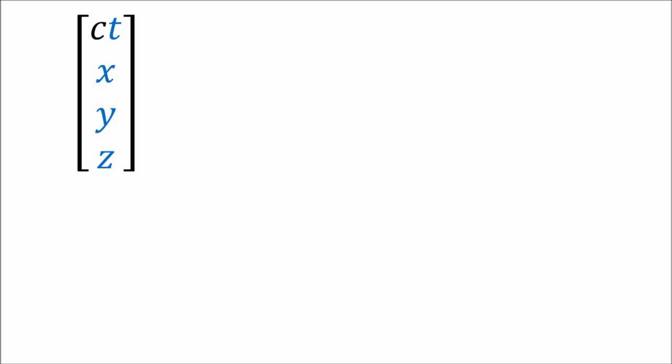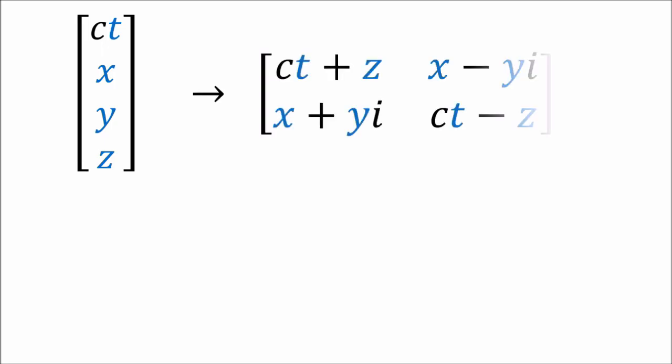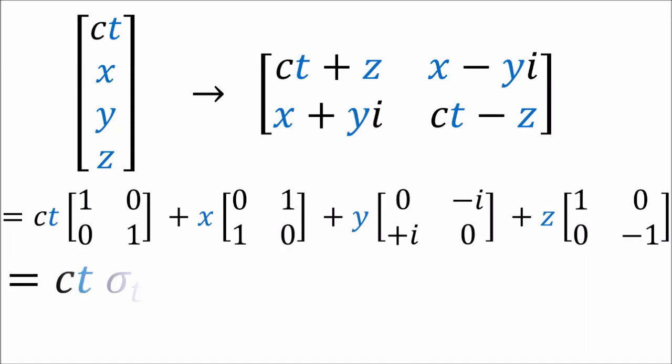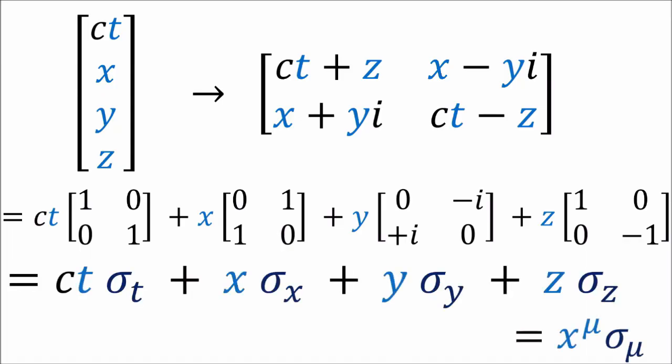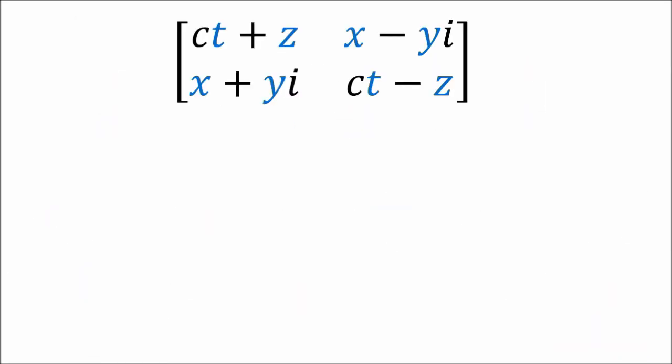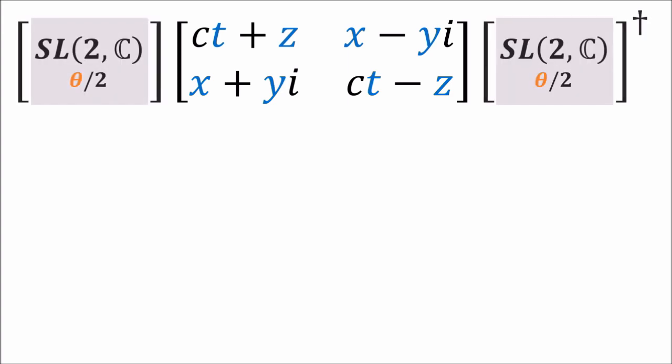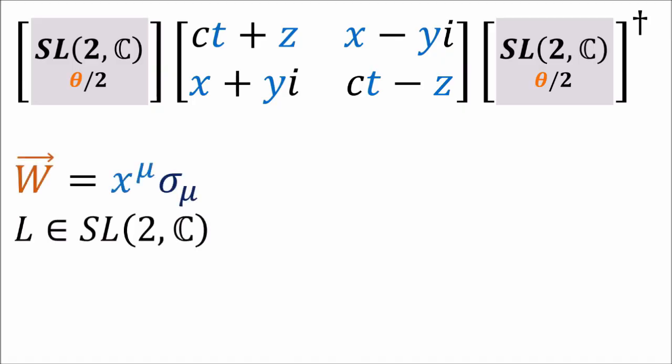We could also write 4D spacetime vectors in the form of 2x2 matrices, which are just linear combinations of the sigma matrices. Here, sigma t is just the 2x2 identity matrix. These 4 vectors Lorentz transform with double-sided transformations of SL2C matrices, where each SL2C matrix uses half of the Lorentz transformation angle.